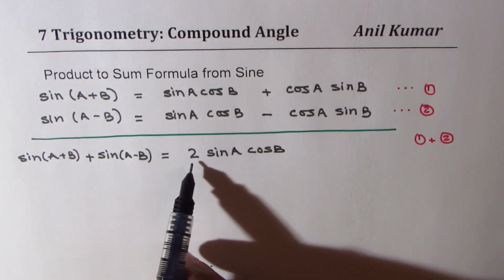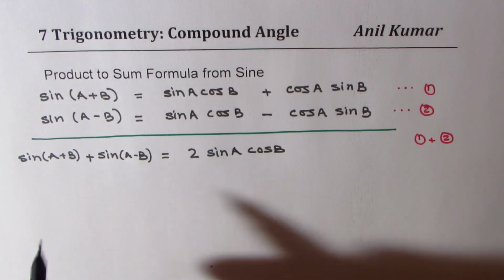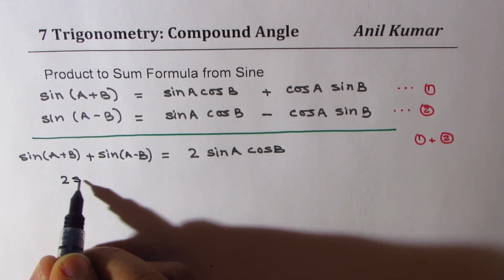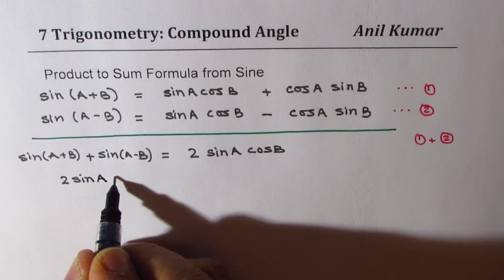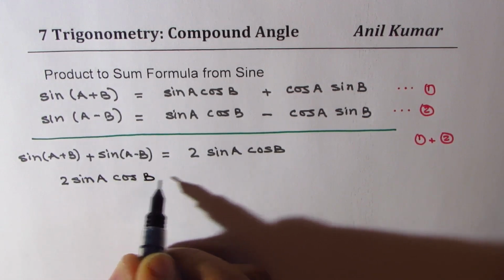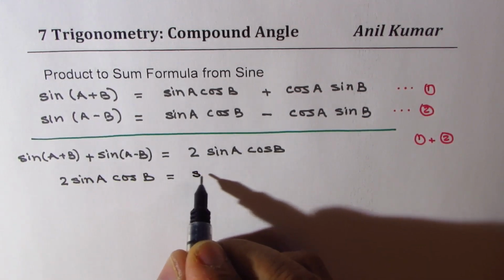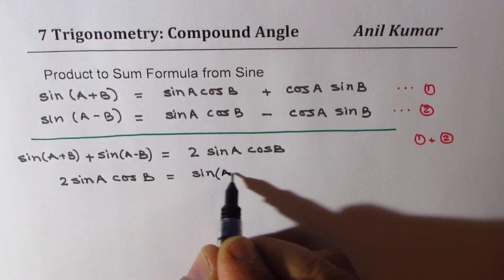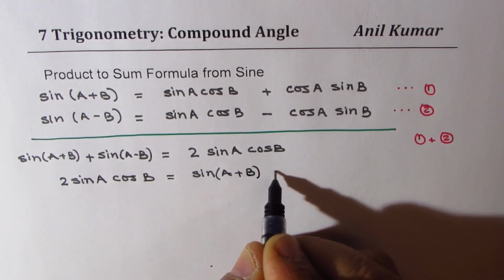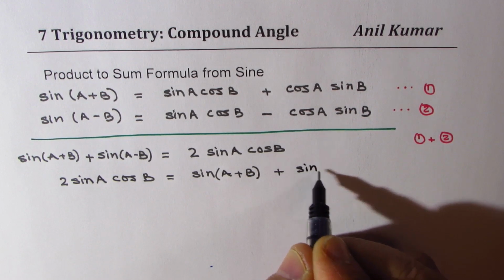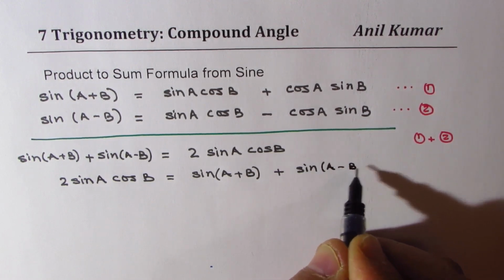Let me rearrange. So what I will do now here is write this side as 2 sine a cos b is equal to sine a plus b plus sine a minus b.